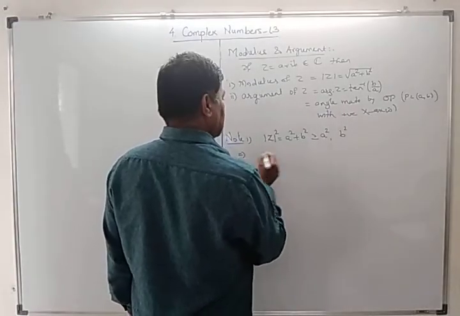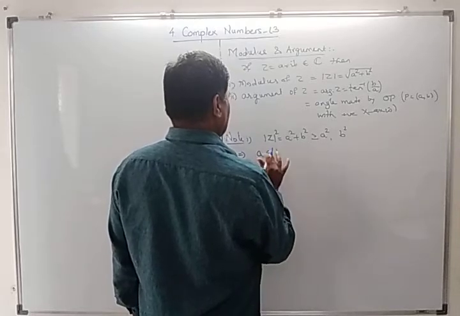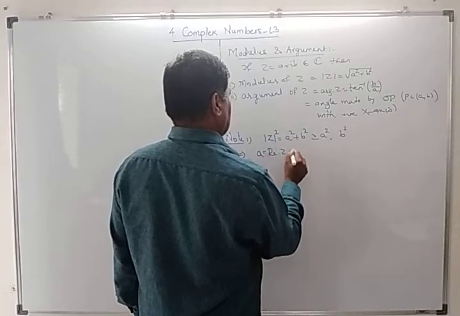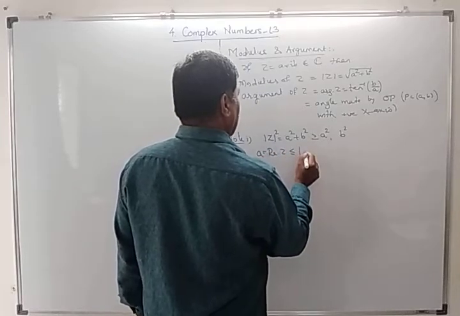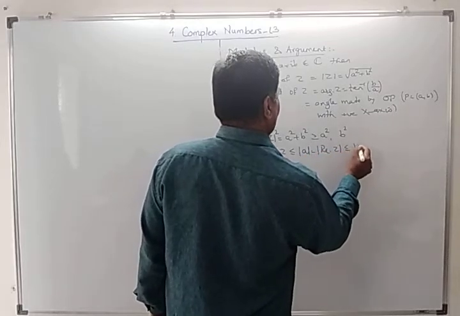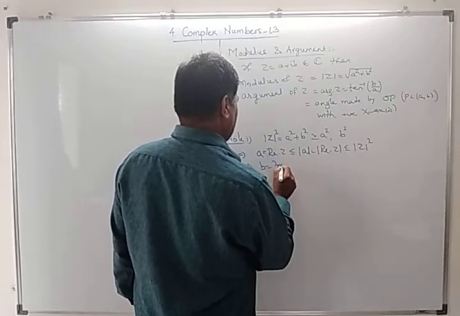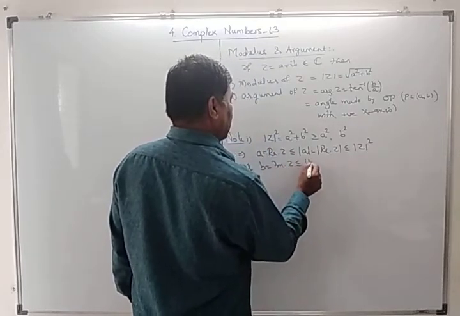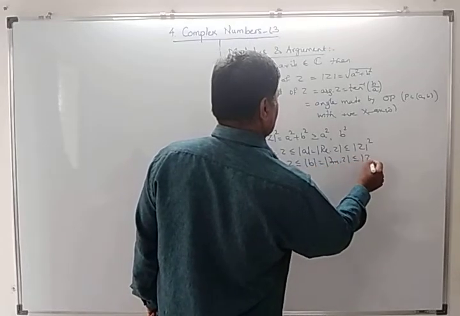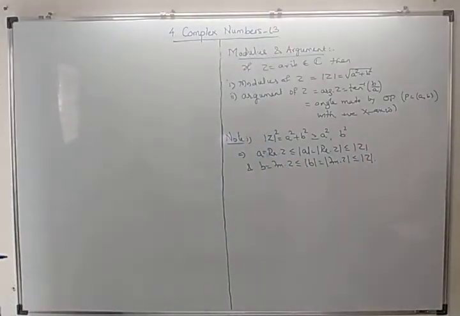Which implies a is equal to real part of z, mod of real part of z is less equal to mod z, and b is equal to imaginary part of z, mod of imaginary part of z is less equal to mod z. Is it clear?